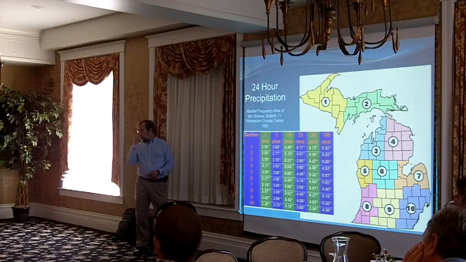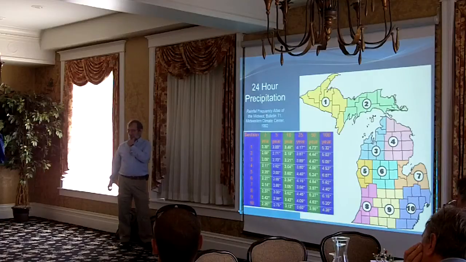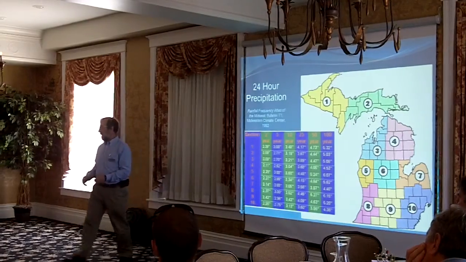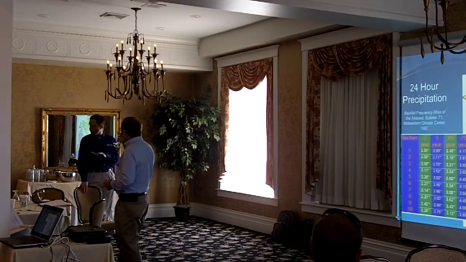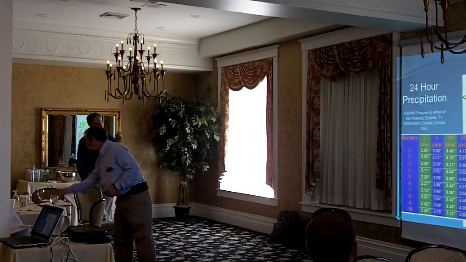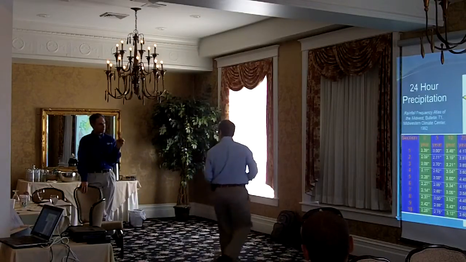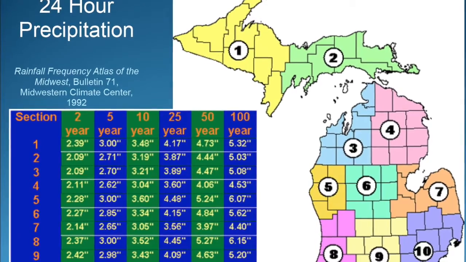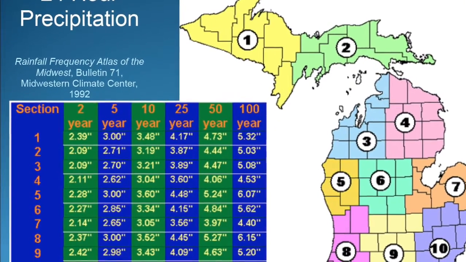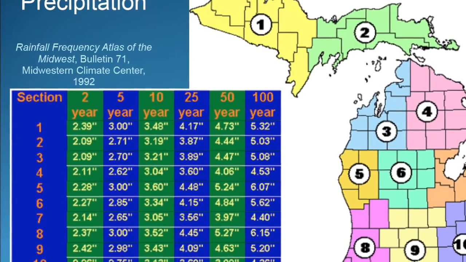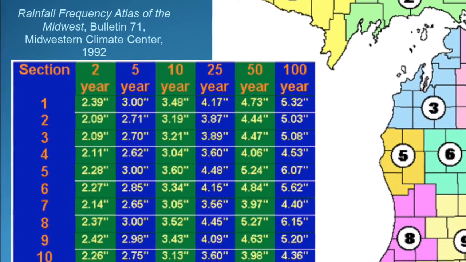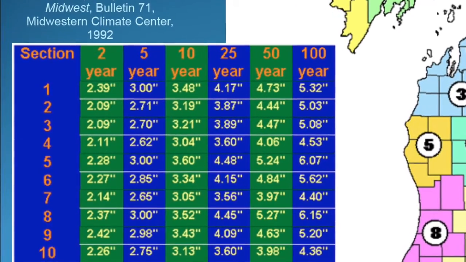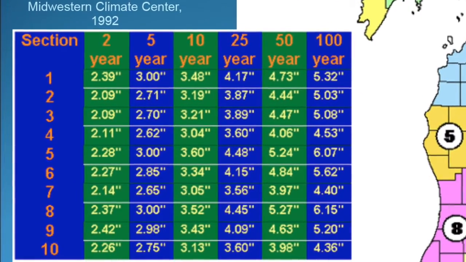Obviously this is probably more for the engineers in the audience, the few of them that there are. But for the non-engineers, the people who were talking about code a little while ago, I think this is unbelievably important. The statistics show that because of climate variability, these numbers are about 25% too low. Most codes are written to these numbers right here, which are based on data records from before 1992.